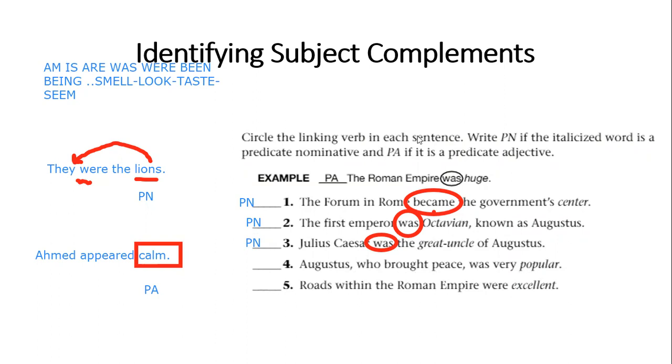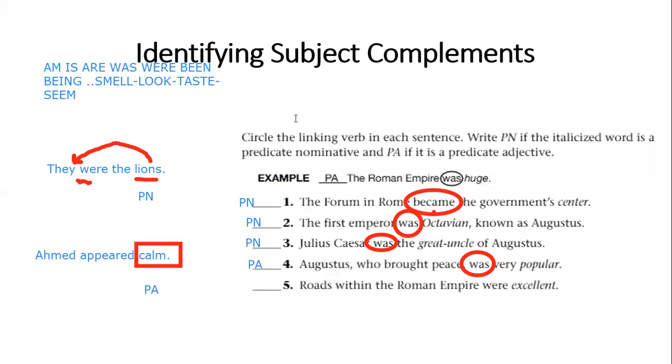It's here. Was. And what comes after it? Popular. Popular is a noun or adjective? It's an adjective. Excellent. Referring to Augustus. So let me write it here. It's going to be PA, which is predicate adjective.